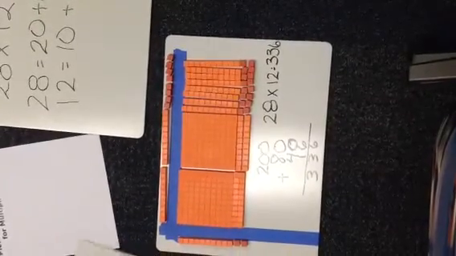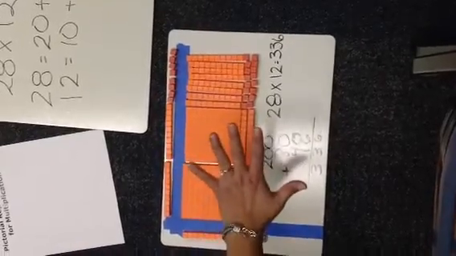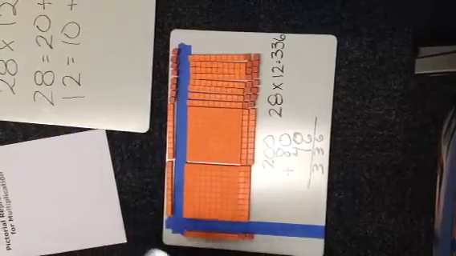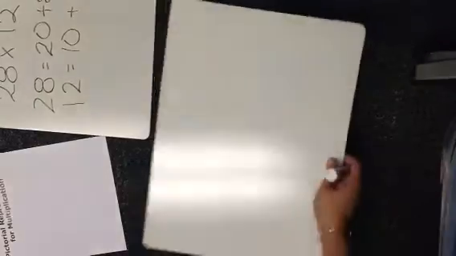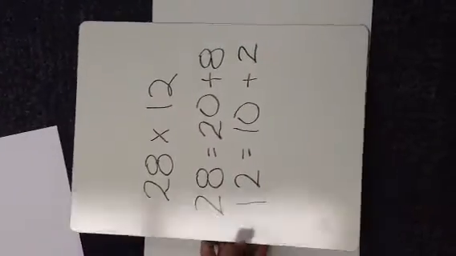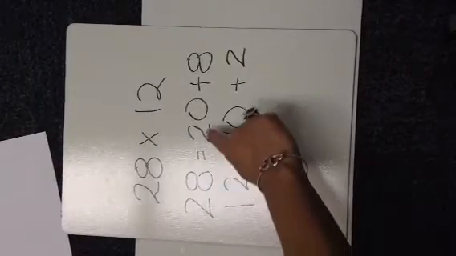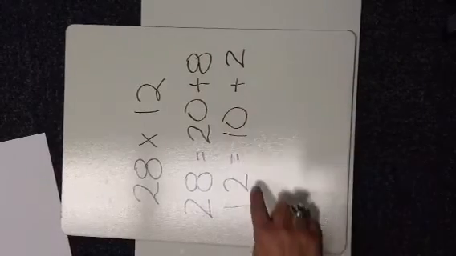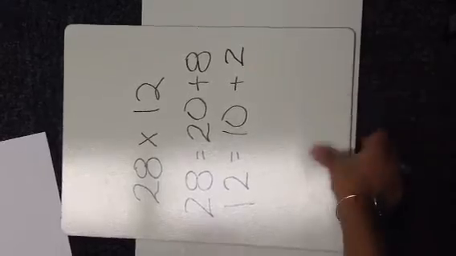Now, I'm going to show you how we can connect this concrete model to a pictorial representation. And our pictorial representation is going to be an area model. So once again, we need to remember that 28 is the same as 20 plus 8, and 12 is the same as 10 plus 2.